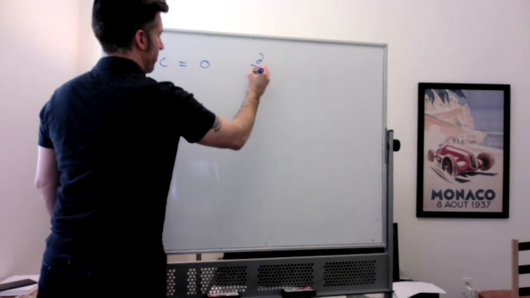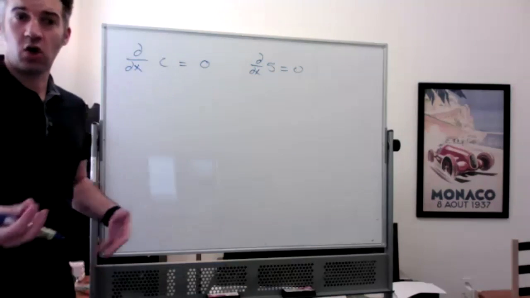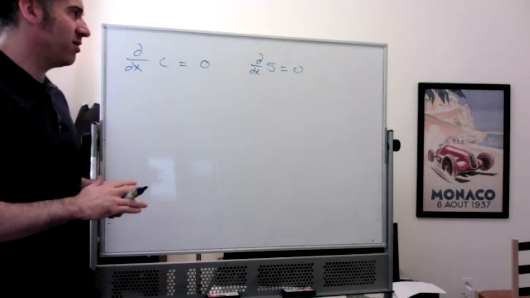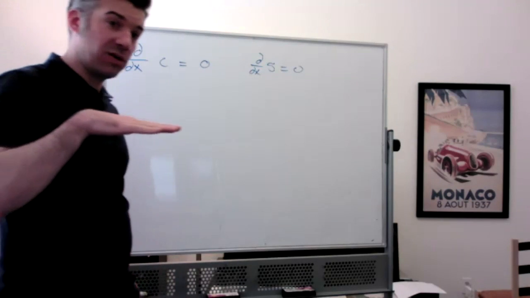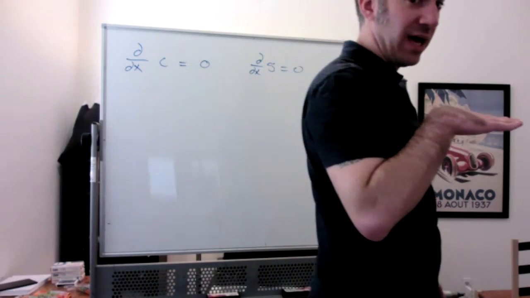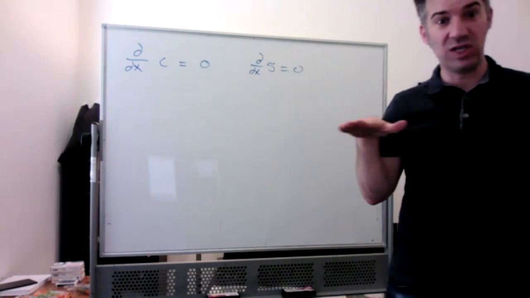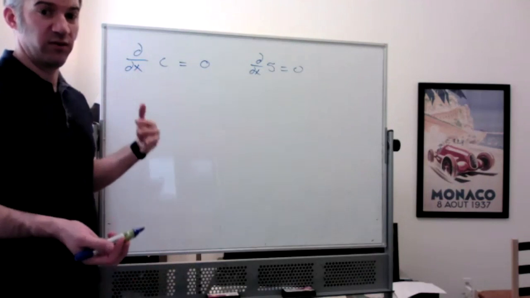For example, the derivative of 5 is 0. Think about it this way: the graph y equals 5 is a horizontal line, and the derivative, aka the slope of the tangent, is just 0. So constants have a slope of 0, their derivative is 0.